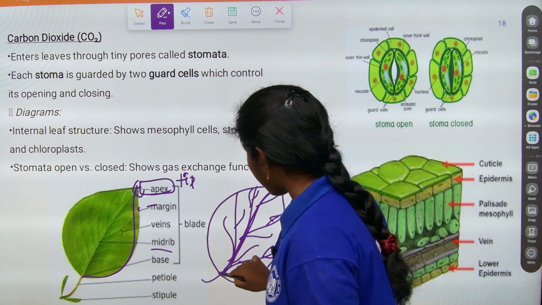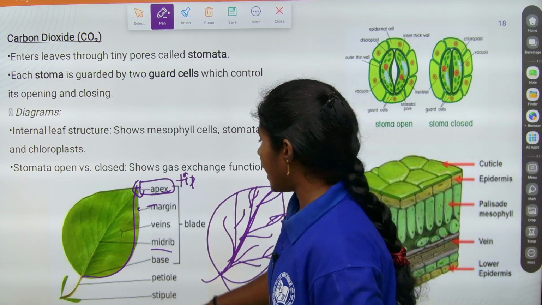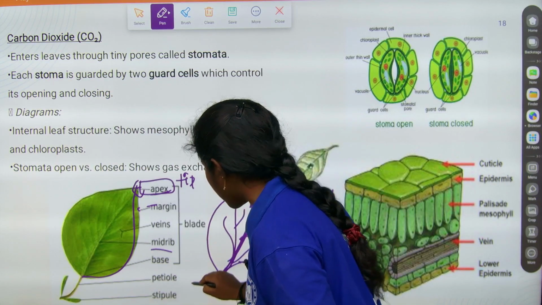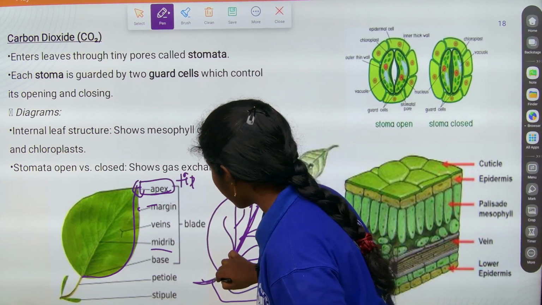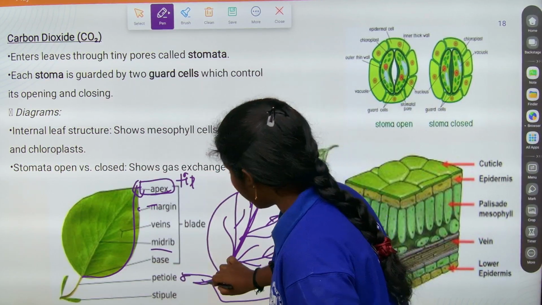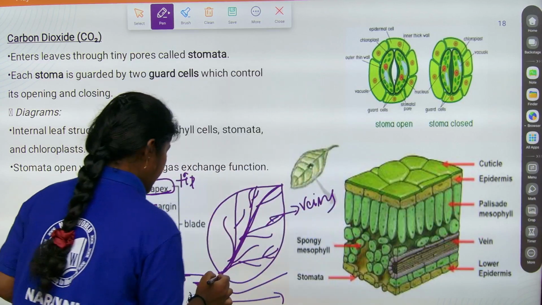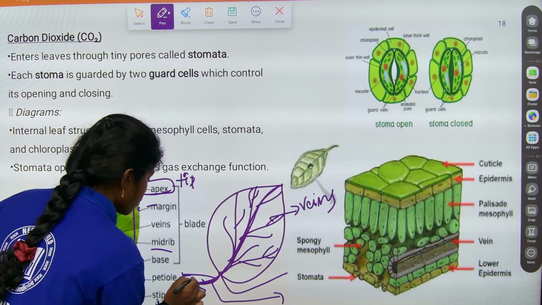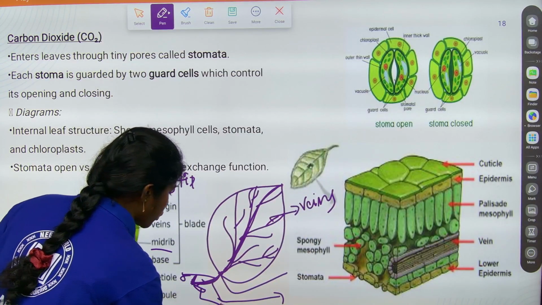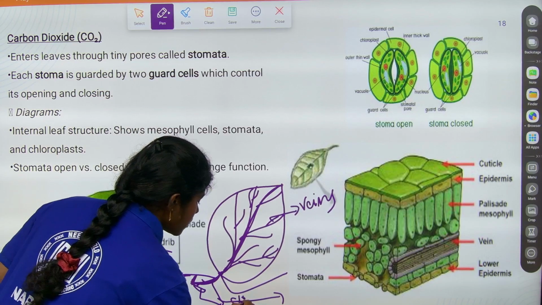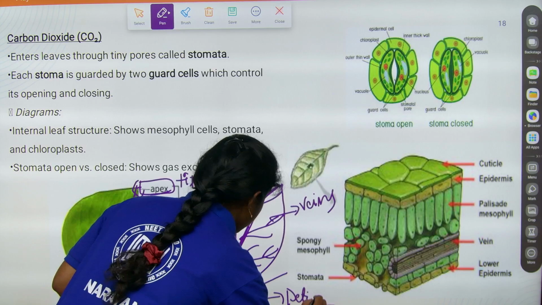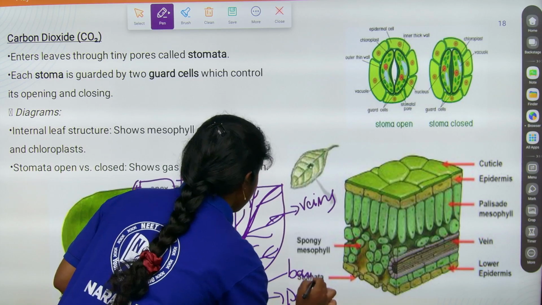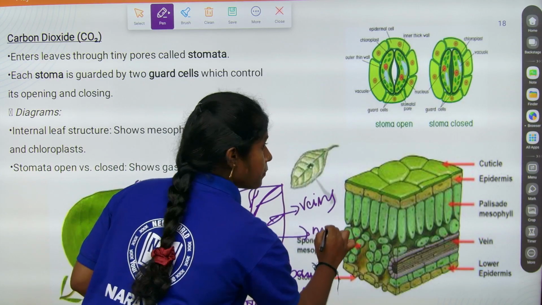Here it is the base. And coming to this part, children, we call it the petiole. On the leaf petiole, there are small structures we call stipules, right? This is the petiole, this is the base, this is the midrib.